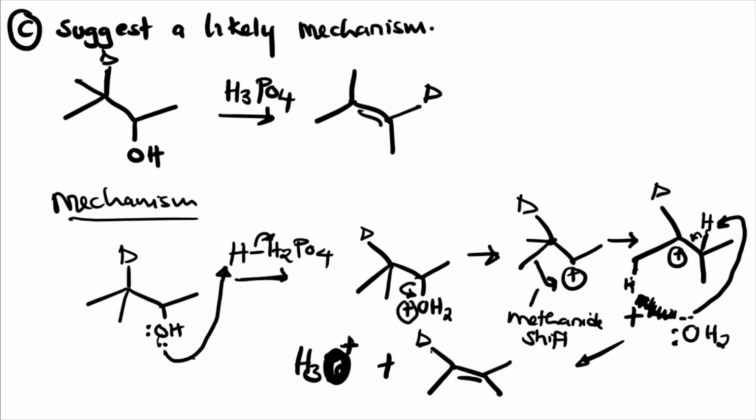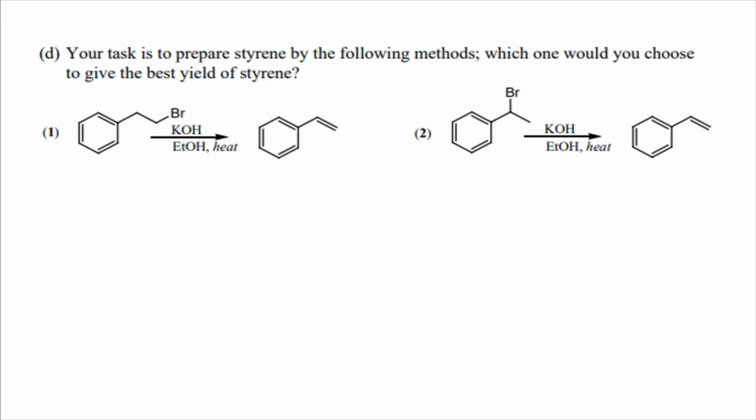After the methanide shift happened, the carbocation moved here, and then the water, the base, went and got this hydrogen that was here, the acidic hydrogen, and then these electrons collapsed here. There's a double bond here. So that's how this product was formed using these materials. Okay, so that was part C.